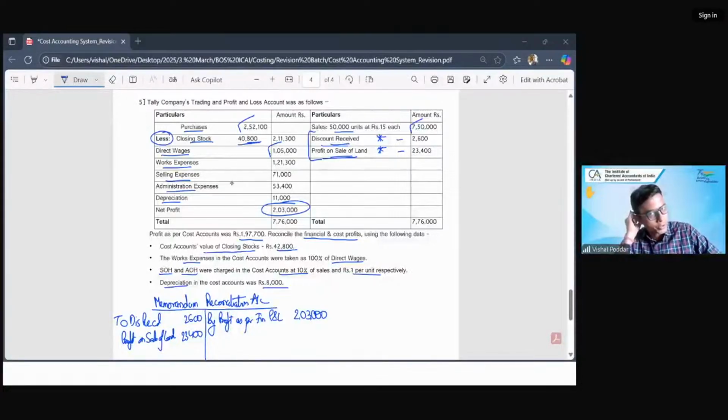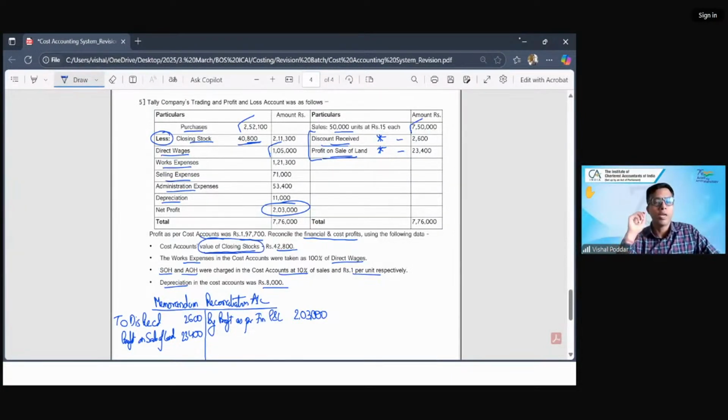Tejaswin has asked a very good question. Sir, here, do we have to prepare a cost sheet before doing the reconciliation? The answer is no. Why? I'll tell you. Because a cost sheet is required whenever some cost data is not there. And mainly the cost data that you require is the closing value, which you identify by preparing the cost sheet and using the formula for calculating closing balance value, which we studied in the previous class when we were dealing with cost sheet sums.